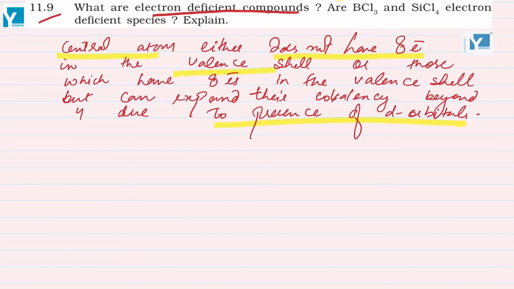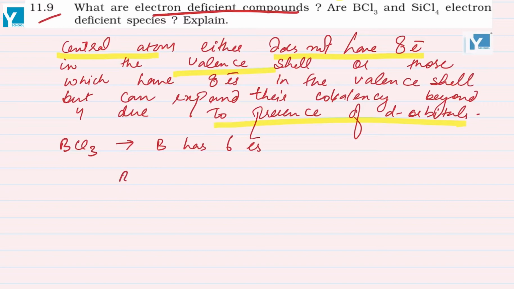So students, we know that in BCl3 boron has 6 electrons in its valence shell, right? Therefore, it is an electron deficient compound. As such, it can accept a pair of electrons from ammonia to form an adduct.